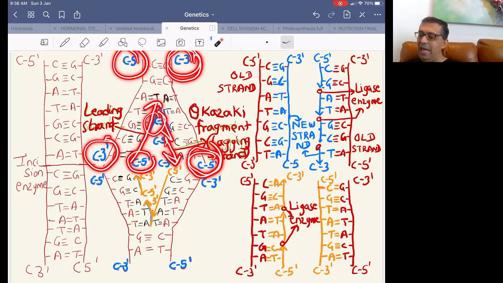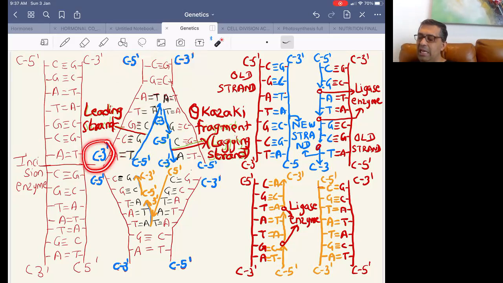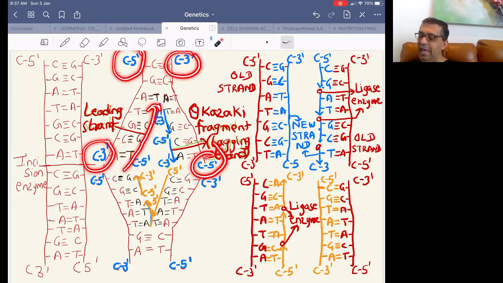So ये क्या बनेगा? Okazaki fragment. 5 to 3 polarity में opposite direction में बनेगा Okazaki fragment. So this side is the continuous strand, and C5 to C3 downward will be Okazaki fragment.